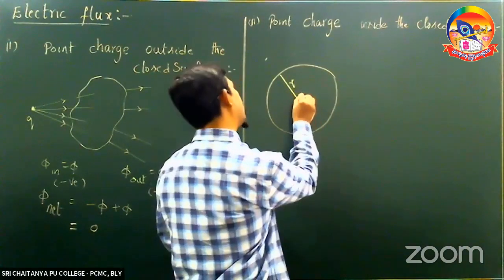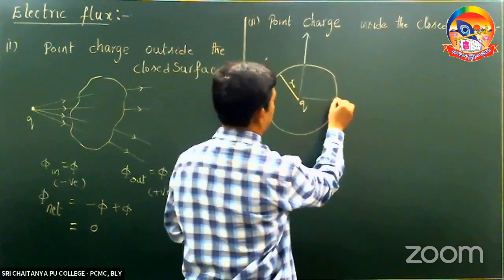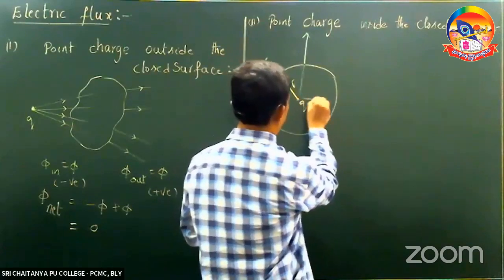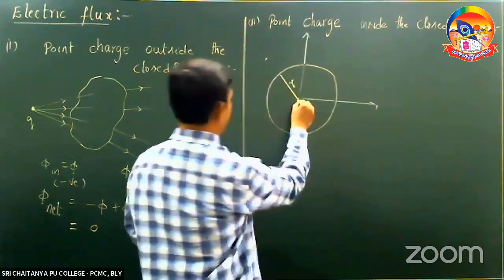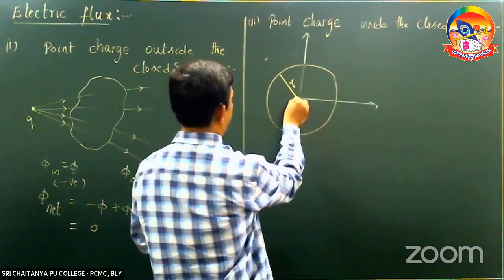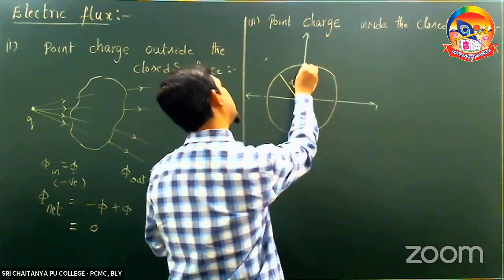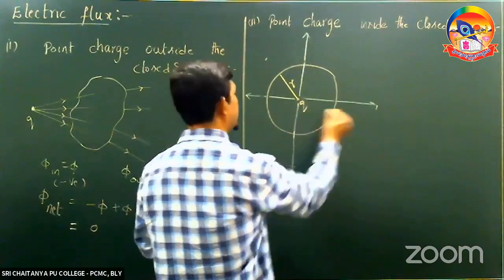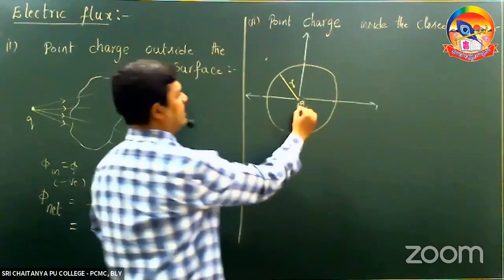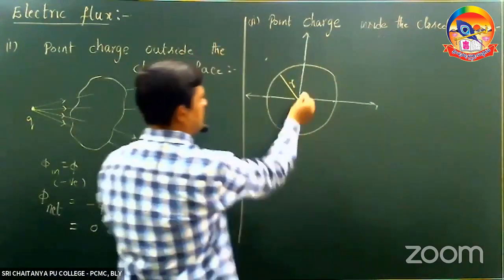The electric lines of force see radially outward, only outward flux. When this charge is positive, only outward flux.